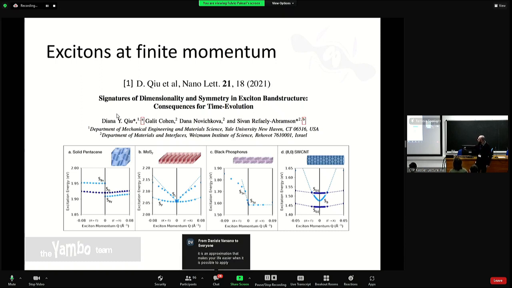And this is the so-called longitudinal-transverse splitting of the exciton states. Maybe you know it from the phonons. Again, the analogy with the phonons is very nice. Maybe you know the LO-TO splitting, longitudinal optical and transverse optical mode splitting. This is a similar effect.